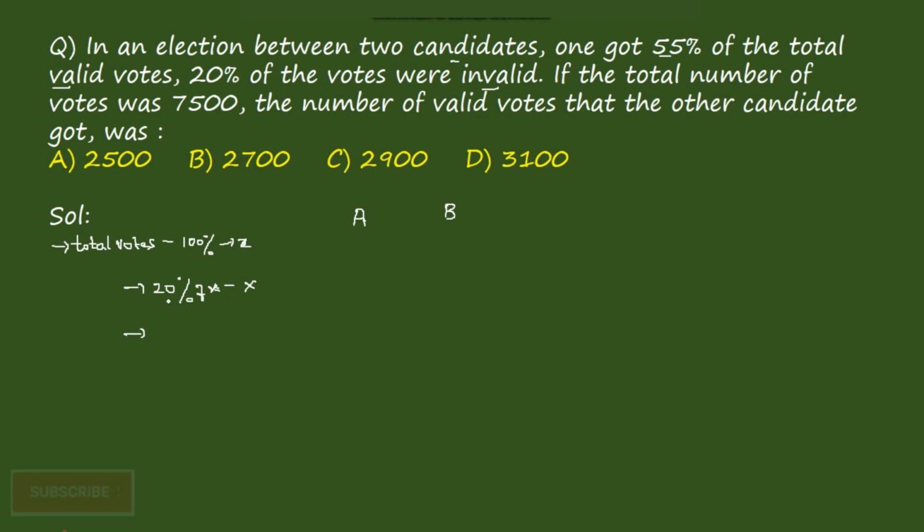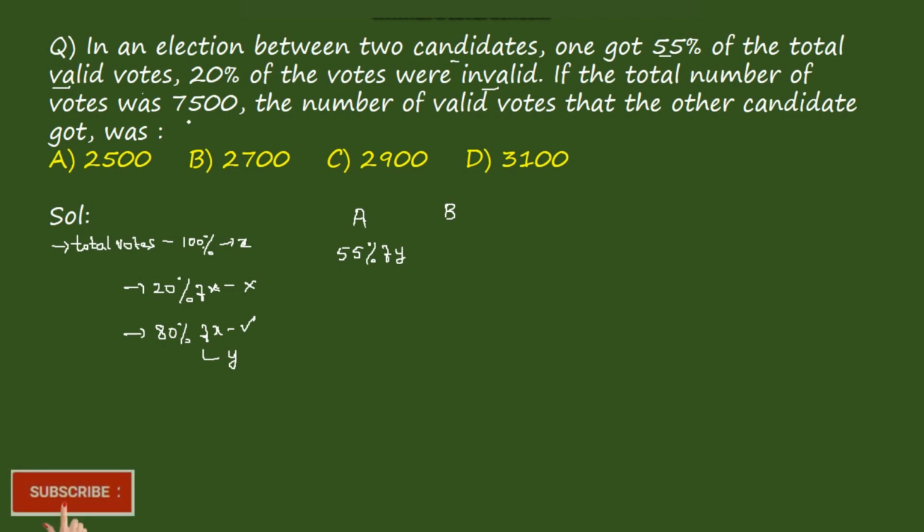Then again, how many valid votes will we be getting? 100 minus 20 becomes 80% of X. That's nothing but valid votes. If you consider this one as Y, right? Again, they are saying 55% of total valid votes would be given to one candidate, right? So if you consider A, would be getting 55% of valid votes as nothing but Y, right?